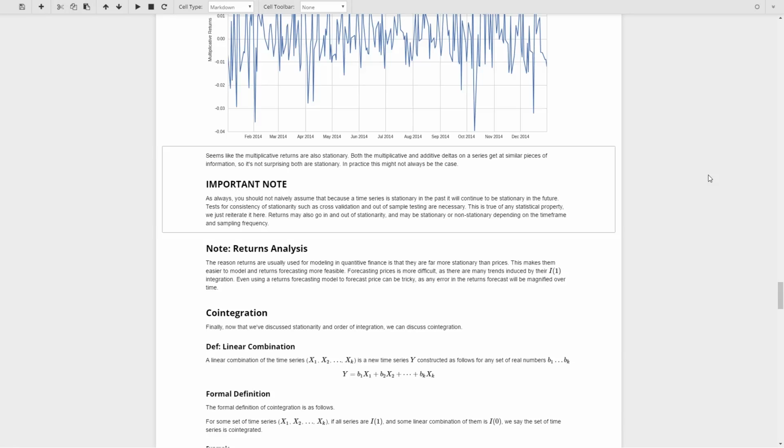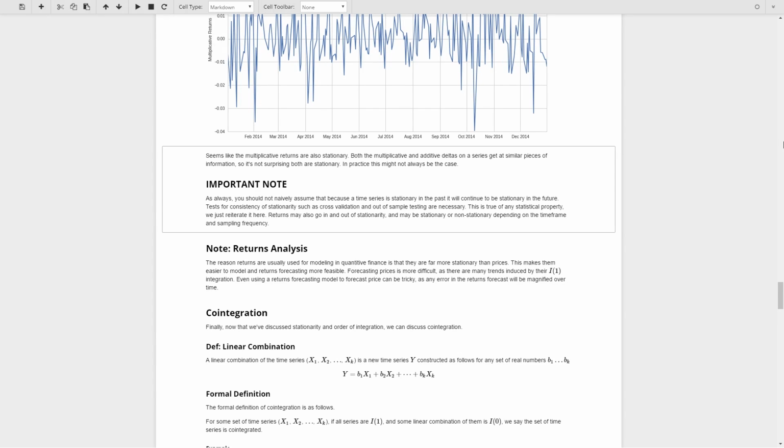So if we have some set of time series, x1, x2, and so on and so forth up to xk, we can construct a linear combination of these separate time series by adding them up and multiplying them by a variety of different constants.